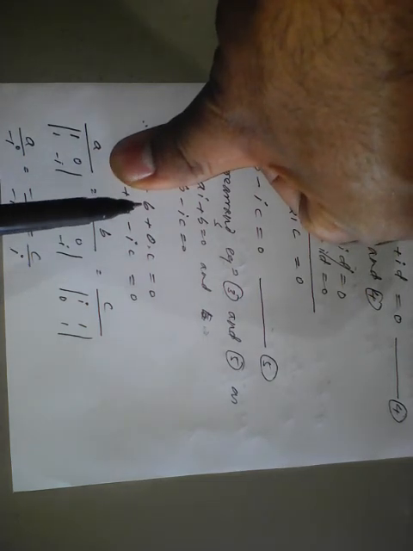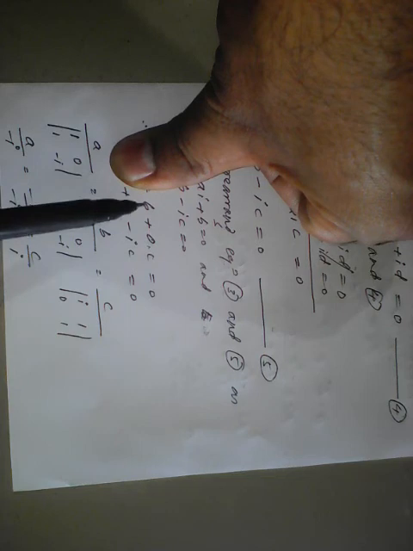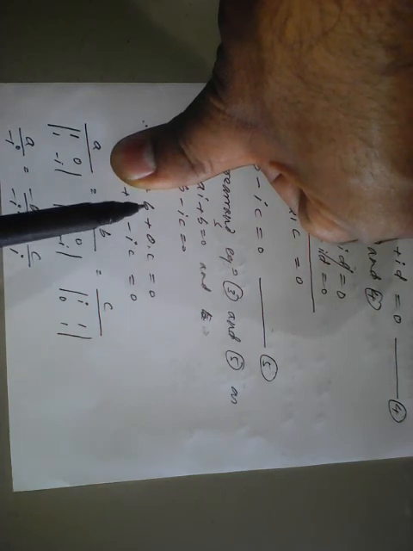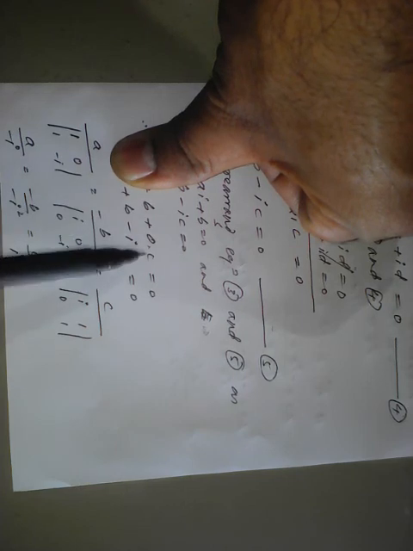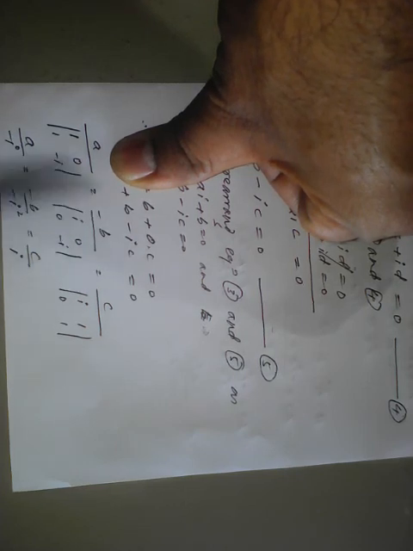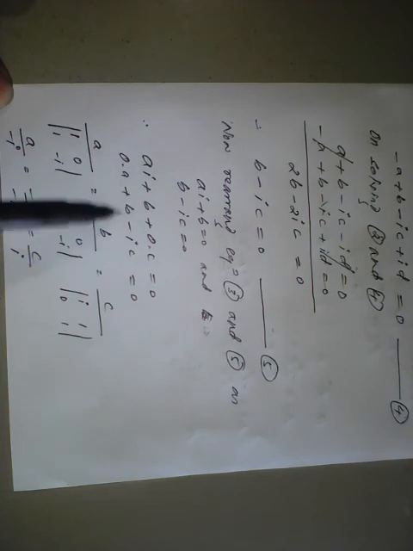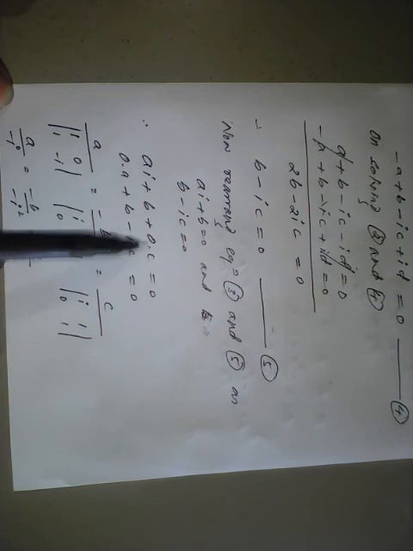Coefficient of B is 1, coefficient of C is 0, coefficient of B is 1, and coefficient of C is minus i. Similarly, when you want to find the value of B, you have to hide B. So coefficient of A is i, coefficient of C is 0, coefficient of A is 0, and coefficient of C is minus i.